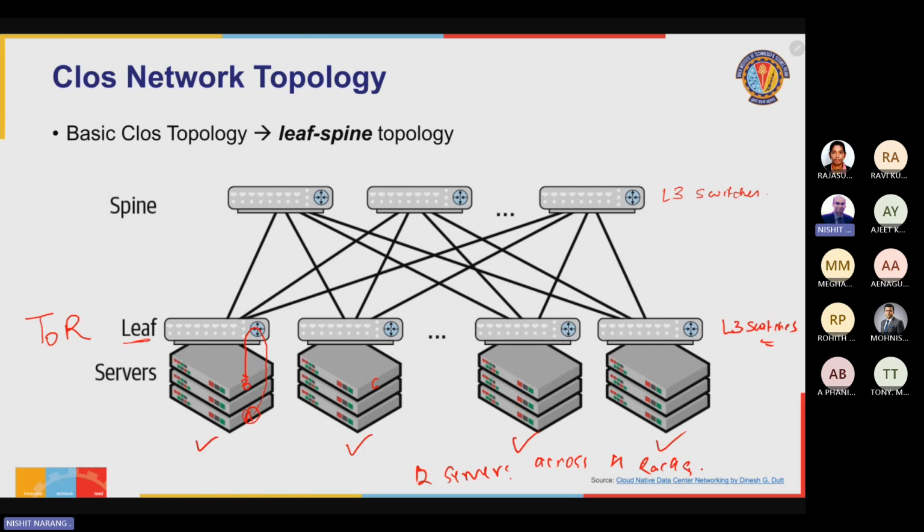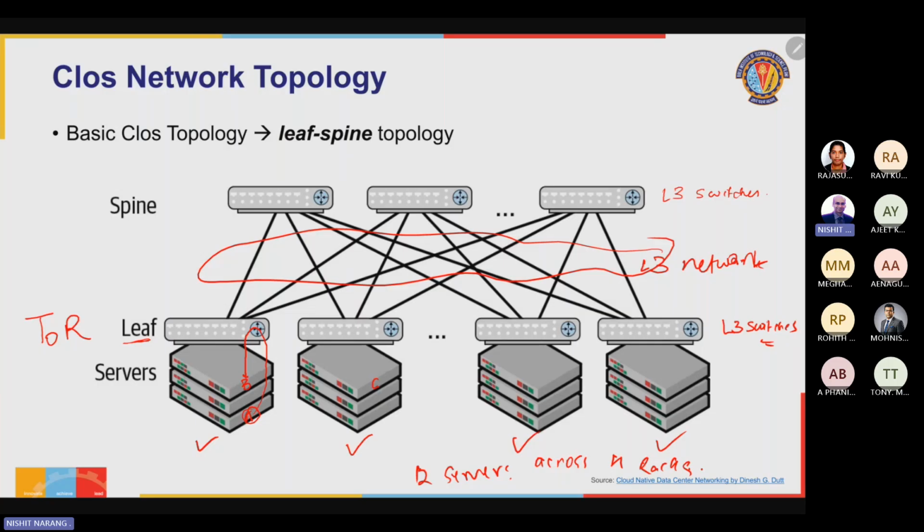It's all exactly the same, unlike aggregation switches, which were required to be bulkier, more complex, different kind of switches. No, these spines are all of the same type. And they are all connected together using a mesh kind of configuration, creating a meshed layer 3 network amongst them. Both of them are layer 3 switches, so they're creating a layer 3 mesh network amongst them.